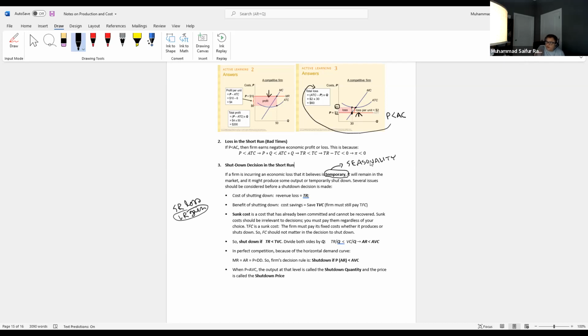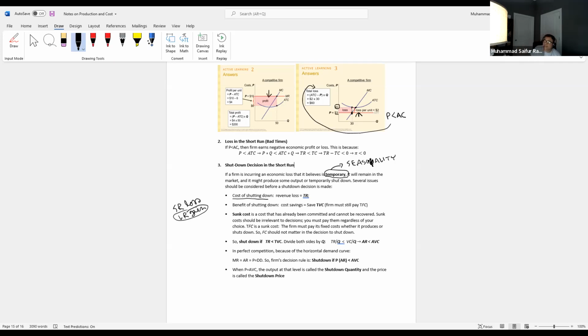There are several important points that I want to talk about before I look at this so-called shutdown condition. The first thing I want to think about is the cost of shutting down. Shutdown means a firm is not producing at all. Please remember that a shutdown situation does not necessarily mean that the firm is completely exiting the business, because they cannot exit the business in the short run.